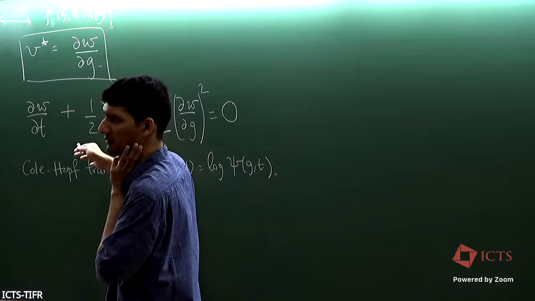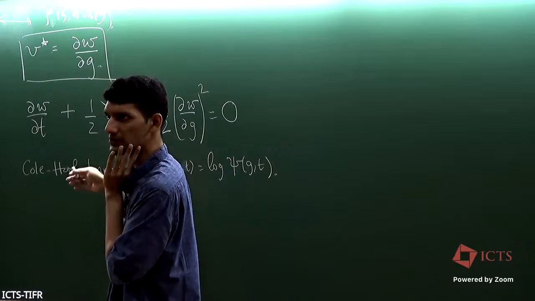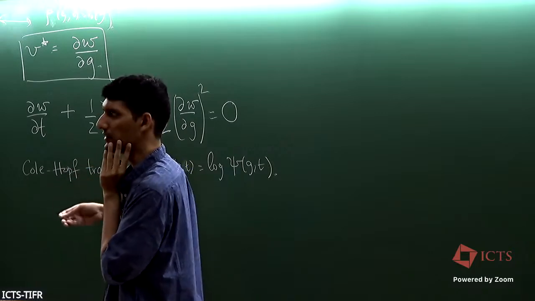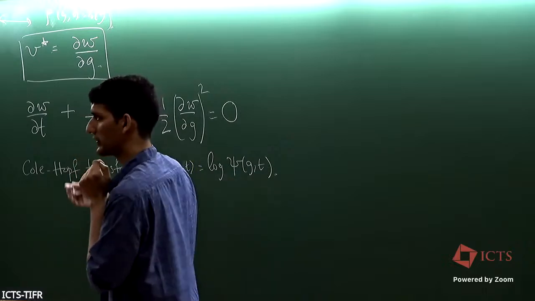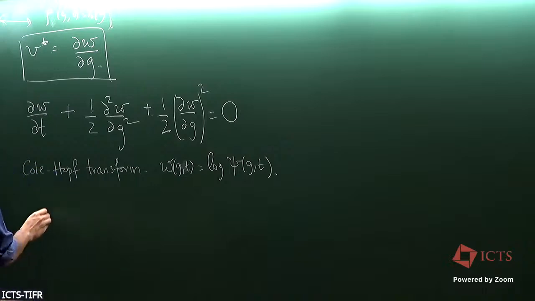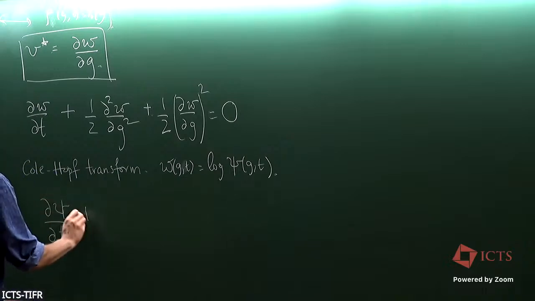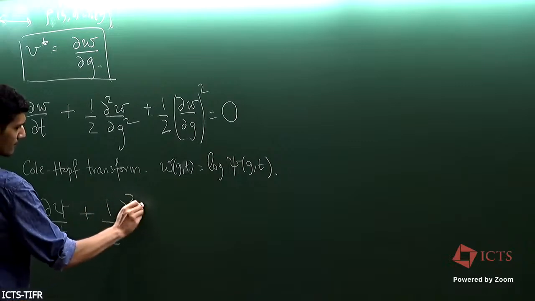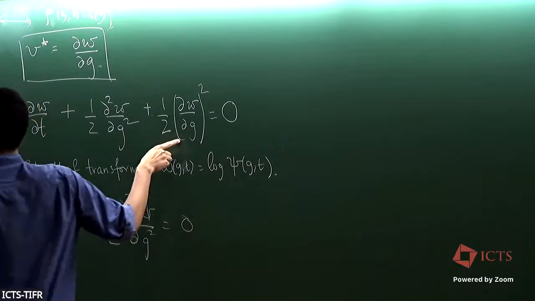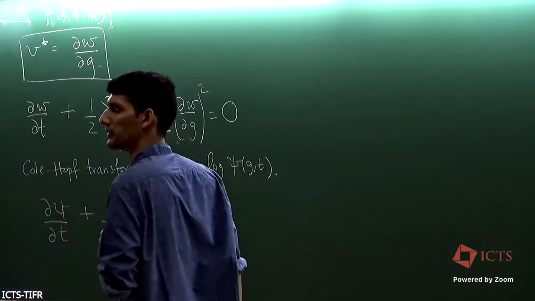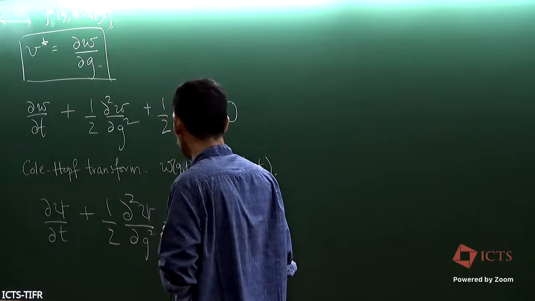But in fact, I'm going to skip that. That's just straightforward manipulations. But believe me, if you plug this in over here, what you're going to get is, in fact, a linear PDE of this form. So you entirely get rid of the nonlinear part of this original PDE.